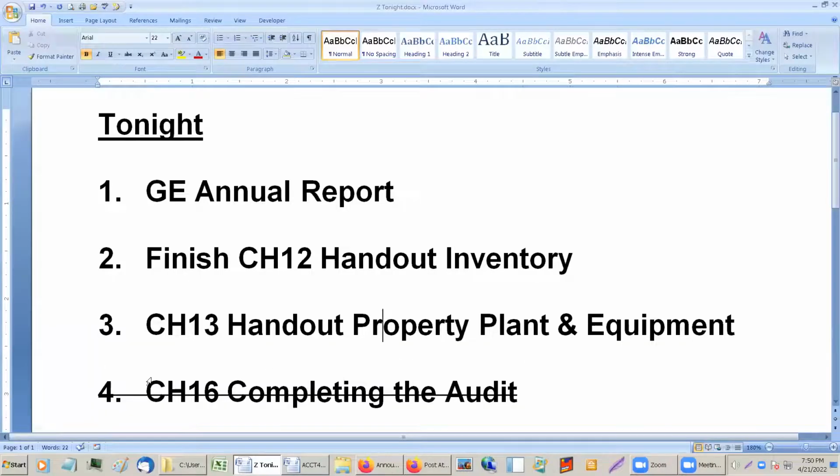And so what I'm going to do is I'll put a test together and I'll send it out probably tomorrow, to be honest with you. So tomorrow you should be getting a test, not on 16, but on 11, 12, and 13. And that'll be due by the last day of class. So let's write all this down. So I'm taking this out.